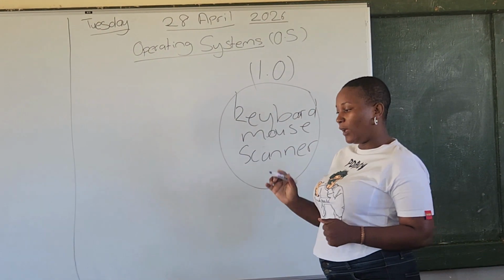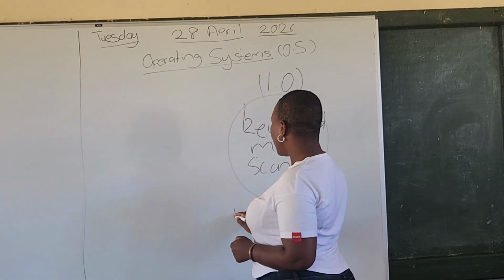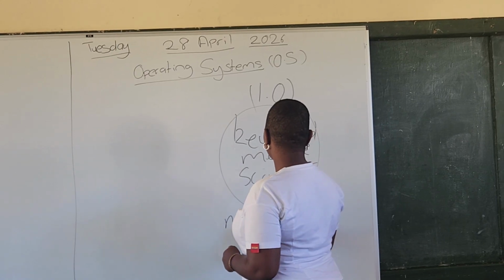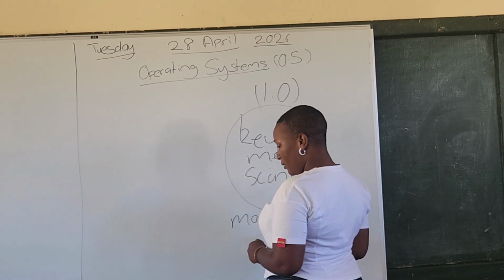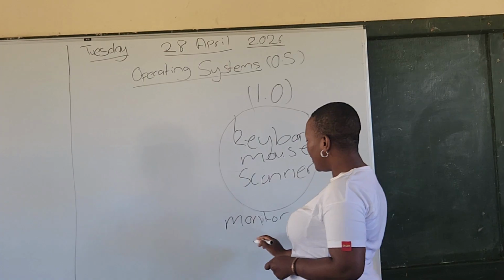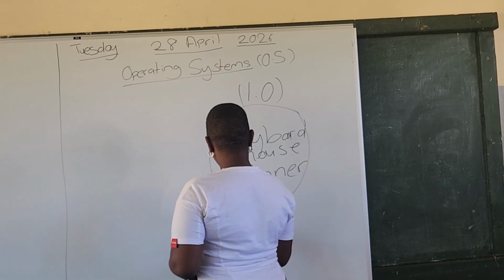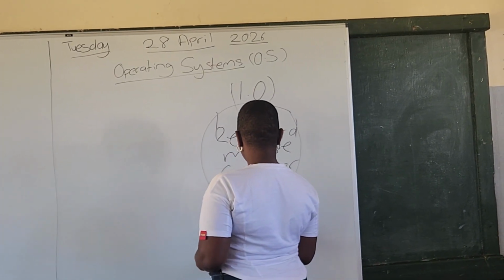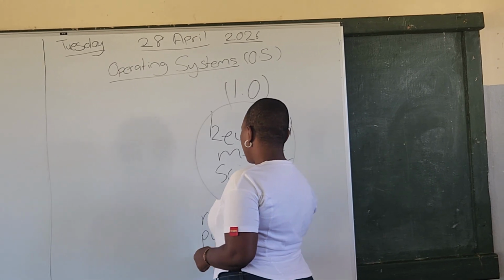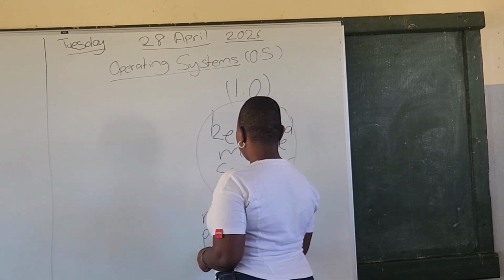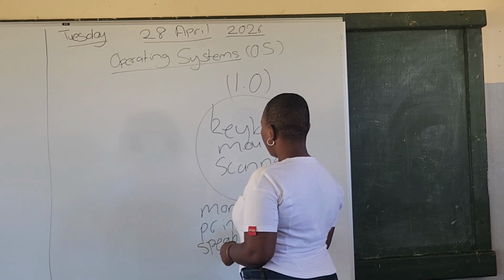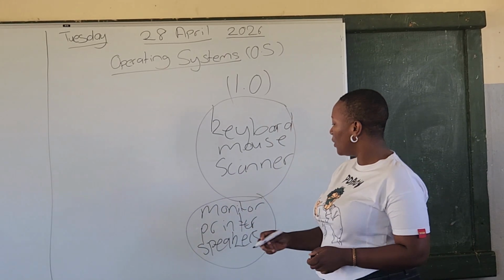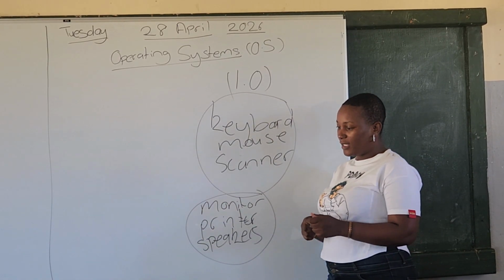Then we've got examples of output devices, which are the monitor, printer, and speakers. These are examples of output devices.